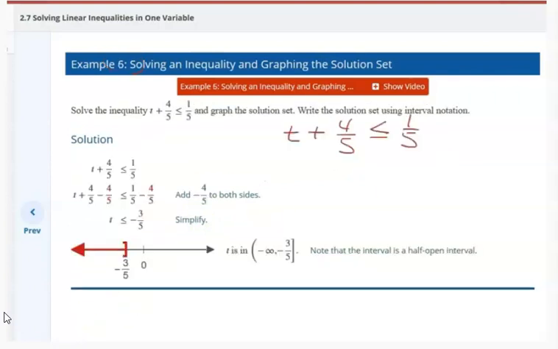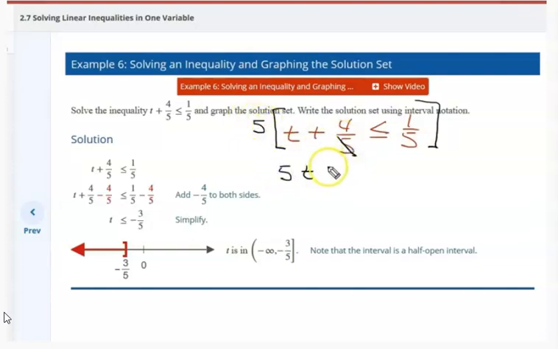Now for number 6, you're including this, of course, in your notes. Here's an inequality with fractions. They're not featuring that here, but we're going to review what we did earlier. Put a bracket around everything here. You're going to multiply by 5 to get rid of the fractions. So this becomes 5t.